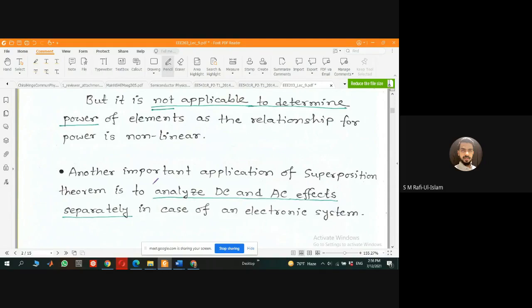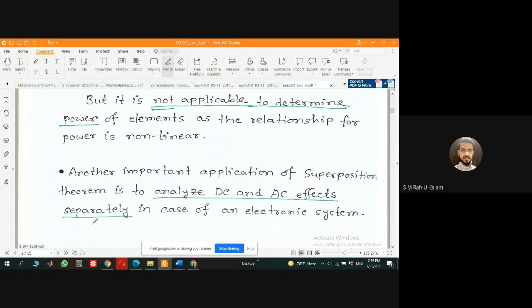Another important application that I have already mentioned is to analyze the DC and AC effects separately, the hybrid mode. If a circuit contains both AC voltage or current sources and DC sources, we get a resultant voltage or current value.